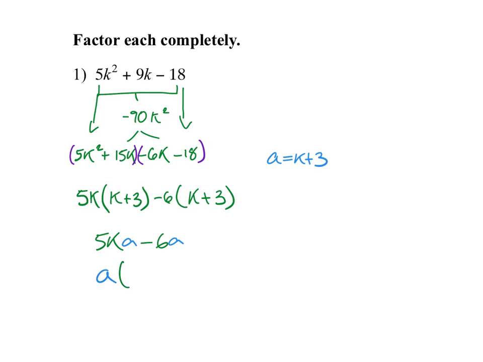And I have 5k minus 6, right? And now what I'm going to do in this next step is put back in that k plus 3 here. So my factorization of that expression is k plus 3 times 5k minus 6.